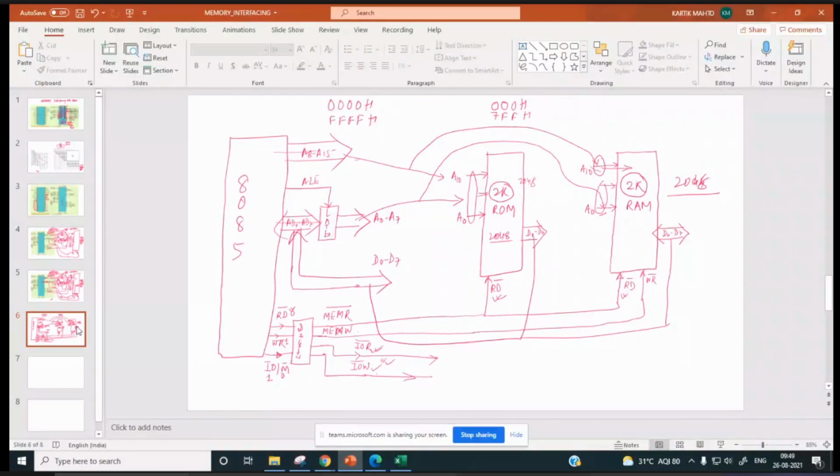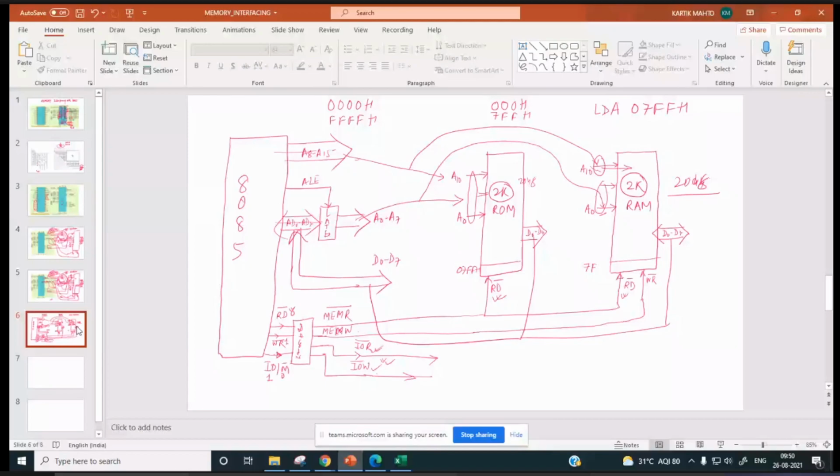Suppose we are writing this LDA 07FFH. So 7FFH is the last location of this ROM chip. 7FFH is the last location of this RAM chip also.